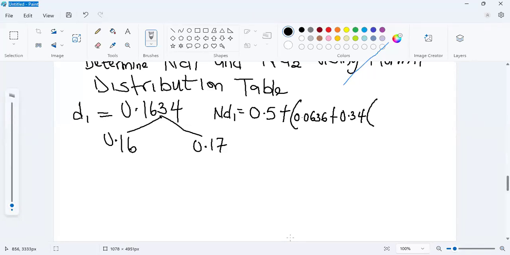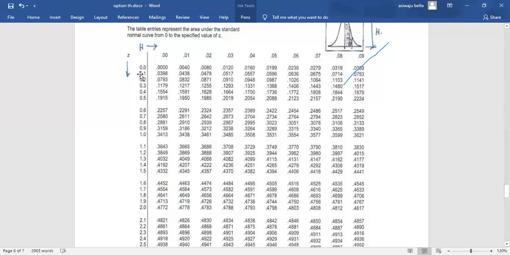Open another bracket, and I'll go check the upper range. 0.1 traced to 7. That will give me 0.0657.